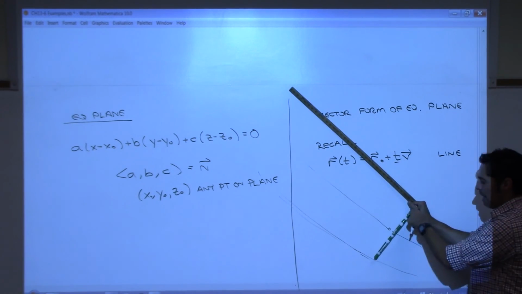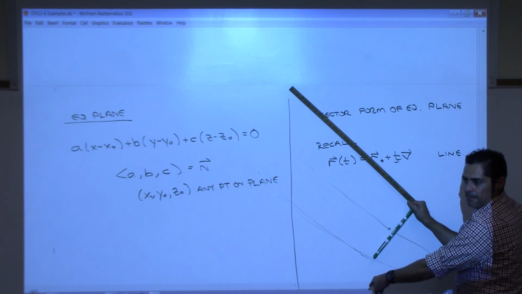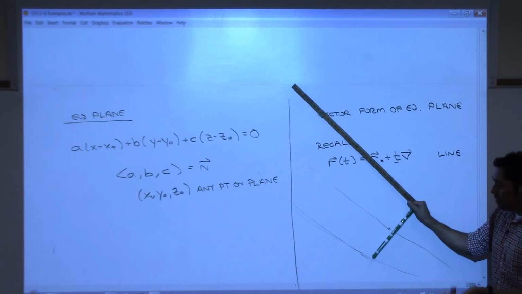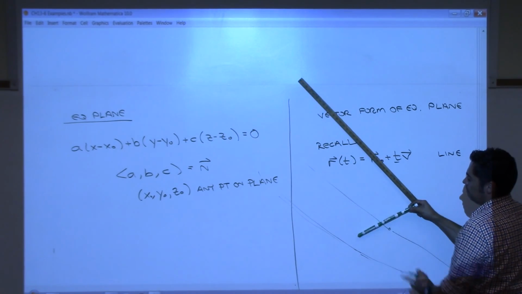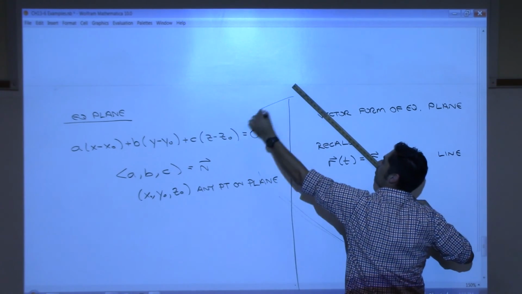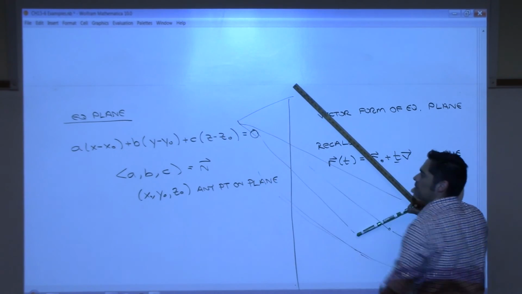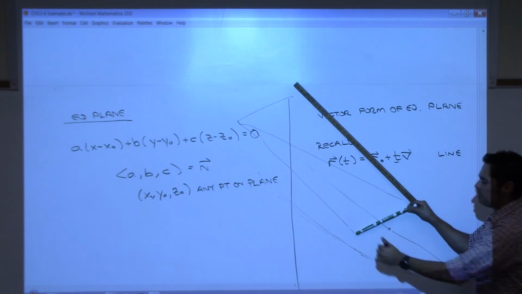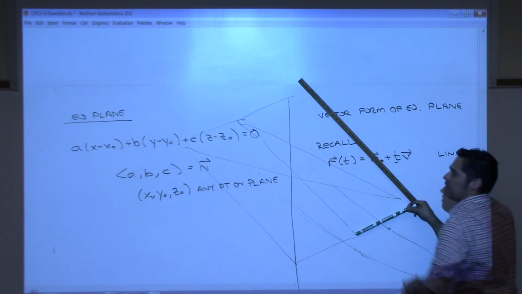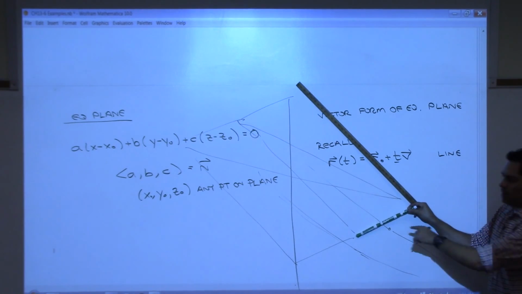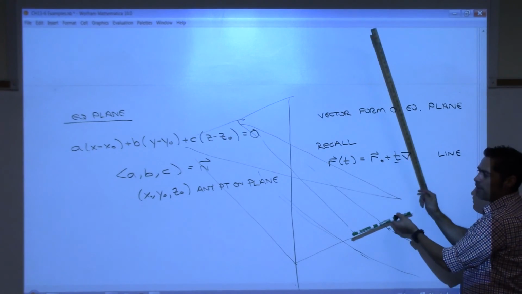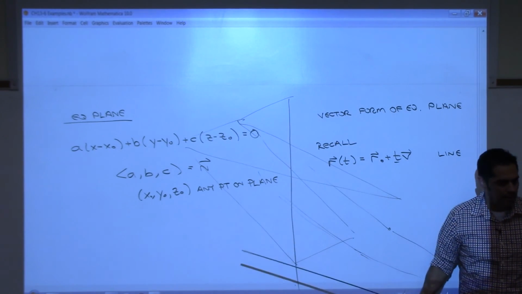And if I do that for every multiple, then I'm going to create the entire plane, aren't I? But you could also do it by saying, take this vector and this vector, add them together, parallelogram rule, you'll get this vector. And then you do two of these vectors, parallelogram rule, you'll get that vector. Do three of these. Do every multiple of this with every multiple of this, and you get the whole plane.